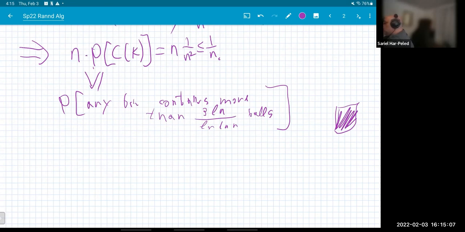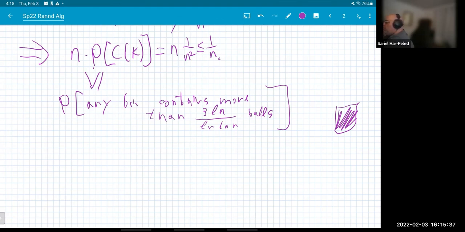Okay, questions about this? Okay, so these calculations were a bit tedious. I apologize. I hope you didn't all space out, or maybe you all spaced out. It's okay. It's part of listening to a lecture, I guess. But what I want you to take away from this is that one can, with elementary calculation, prove that when you throw n balls into n bins, no bin contains too many balls.